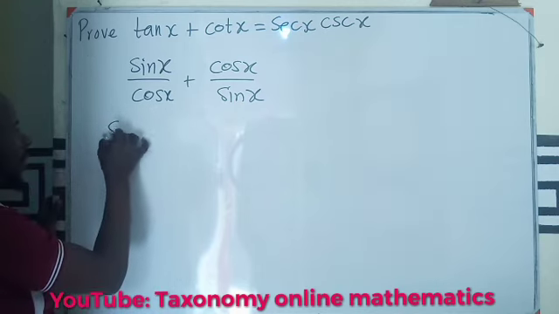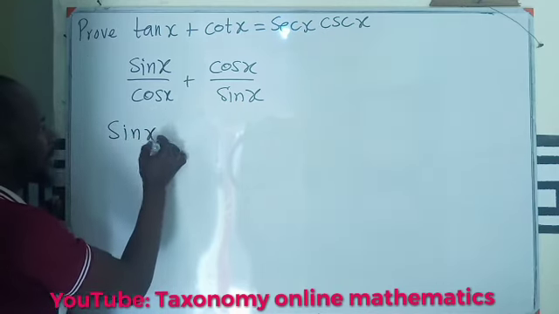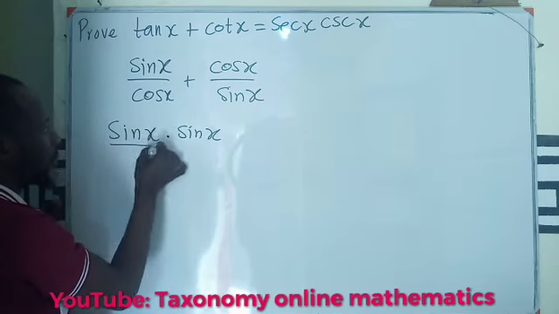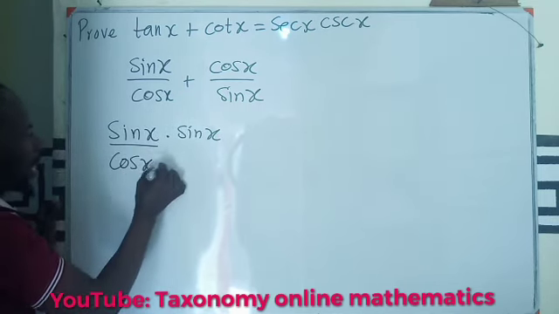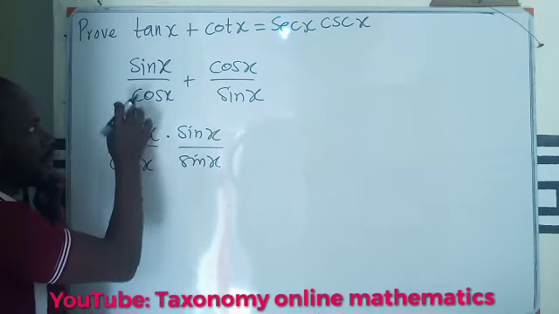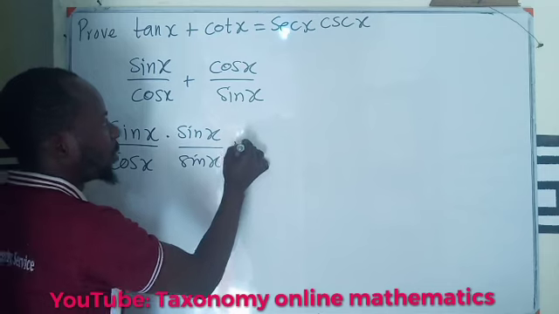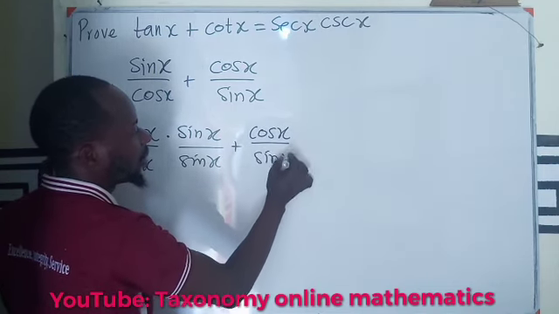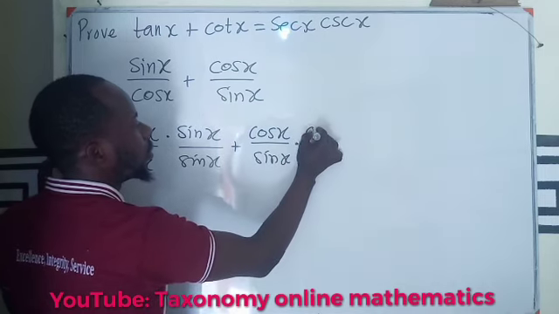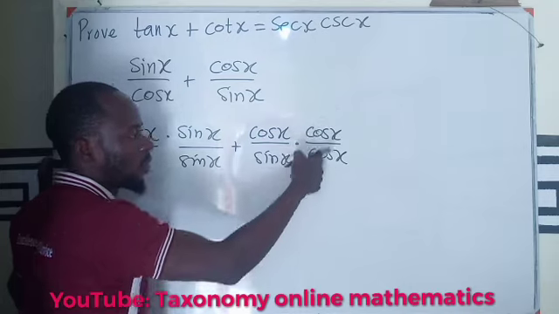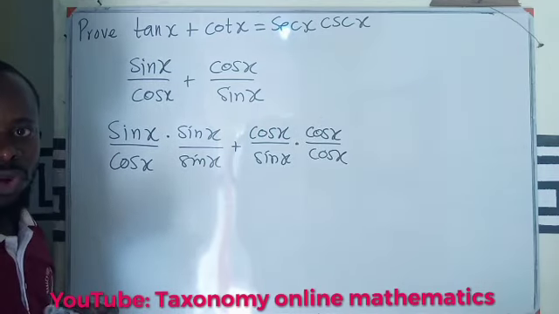So I'll write sine x times sine x over cos x sine x, this will cancel, so there's no excess baggage, plus cos x over sine x multiplied by cos x over cos x. Don't forget the cos x over cos x will also cancel.